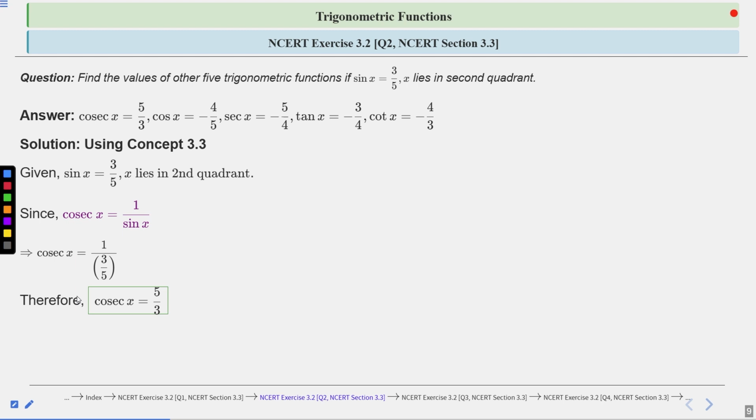So sin x was 3 by 5, so cosec x is now 5 upon 3. Hope you understood till here.